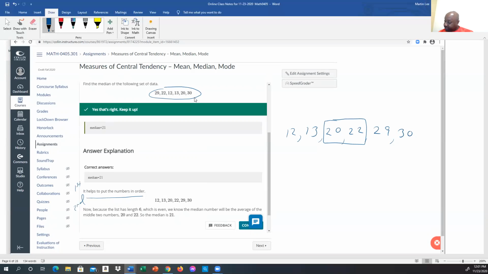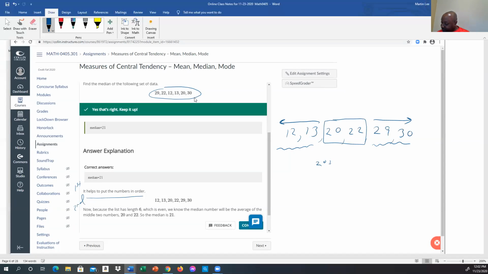And remember that the median leaves you with the same number of numbers beneath it and above it. So once I calculate this average of 20 and 22, I'll have 2 numbers to the left of the median and 2 numbers to the right of the median.